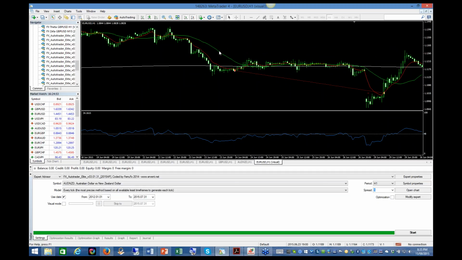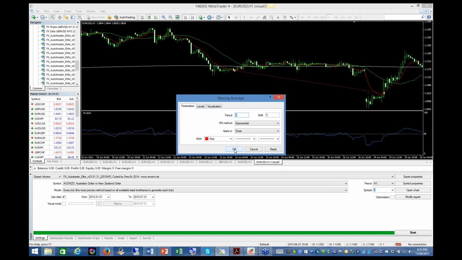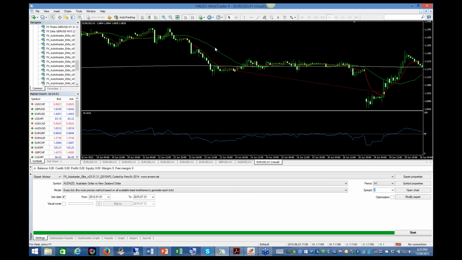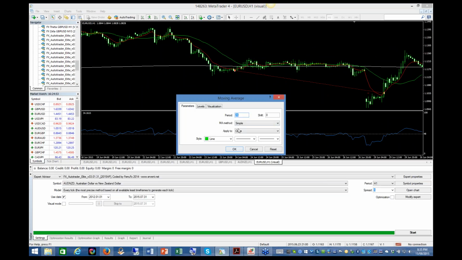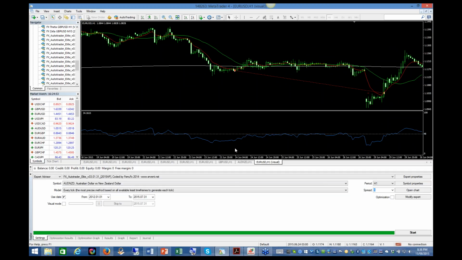let me go through it. It's a strategy which involves the 8-period exponential moving average crossing the 26 simple moving average, and RSI above 48 being a buy and below 48 being a sell.